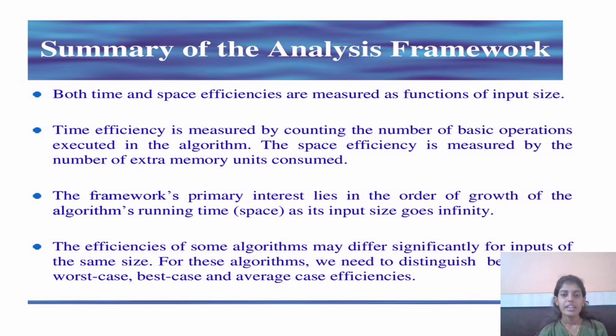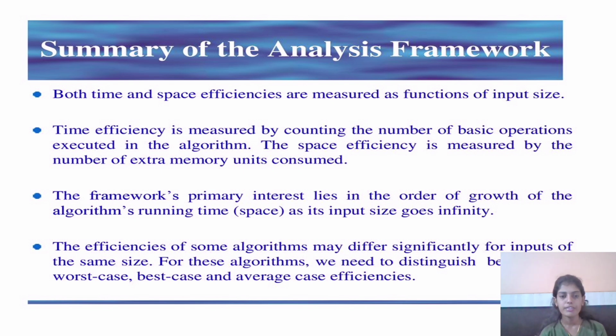Summary of the analysis framework. Both time and space efficiencies are measured as functions of input size. Time efficiency is measured by counting the number of basic operations executed in the algorithm. Space efficiency is measured by the number of extra memory units consumed.